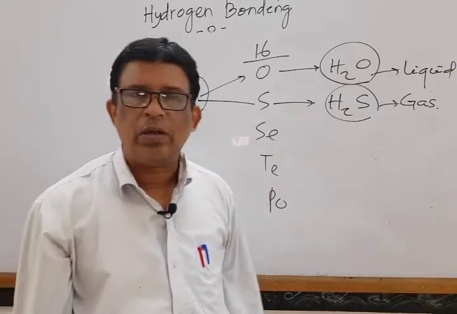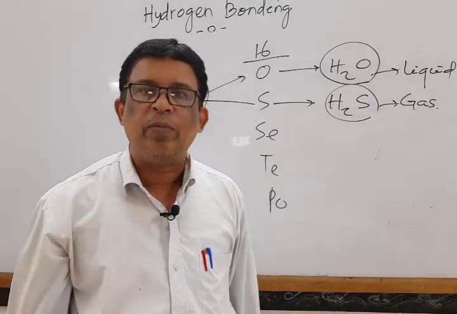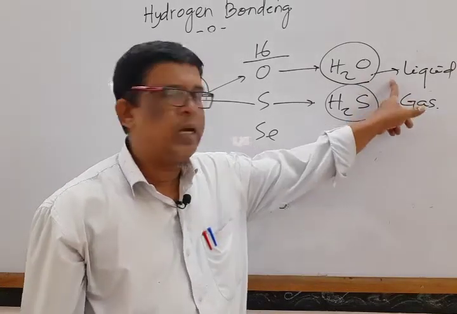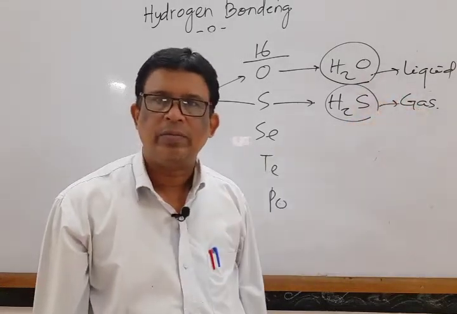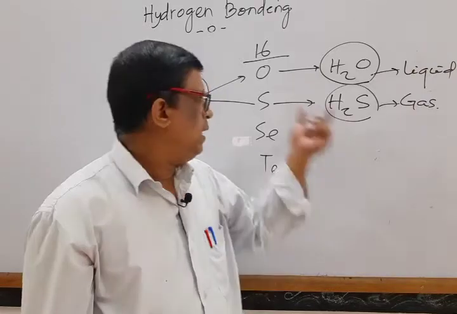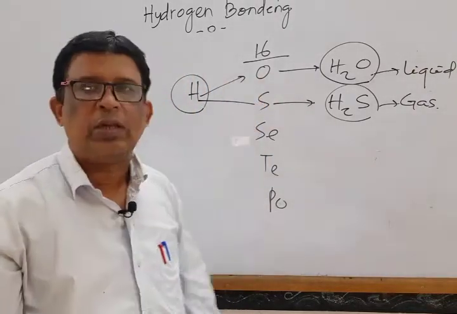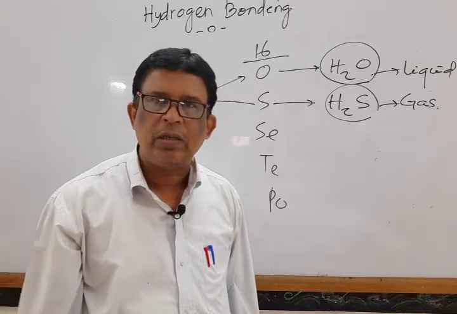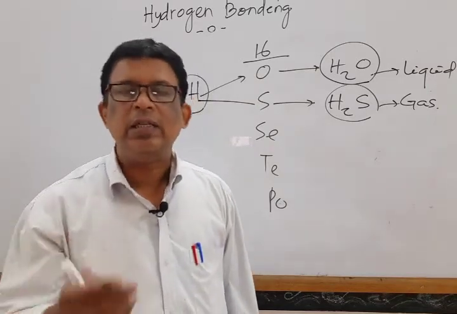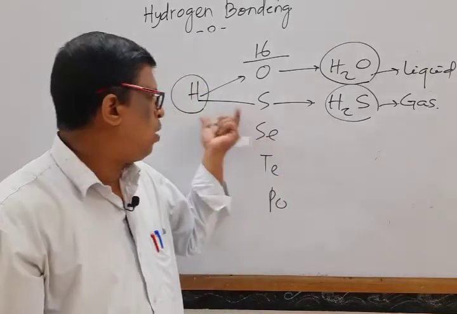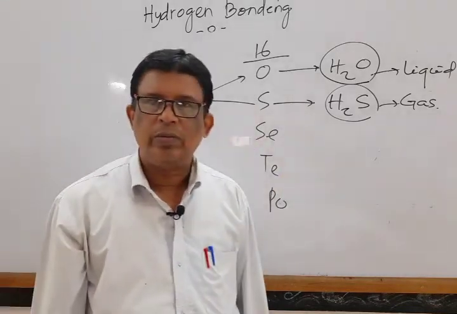Due to the greater number of bonds, the magnitude of force increases. Therefore it is a liquid. On the other hand, sulfur does not satisfy the two conditions. Due to its larger size and lower electronegativity, it is unable to form hydrogen bonds.